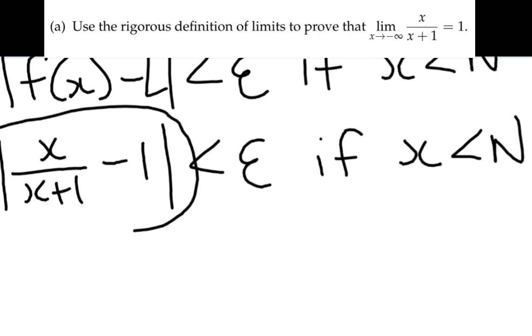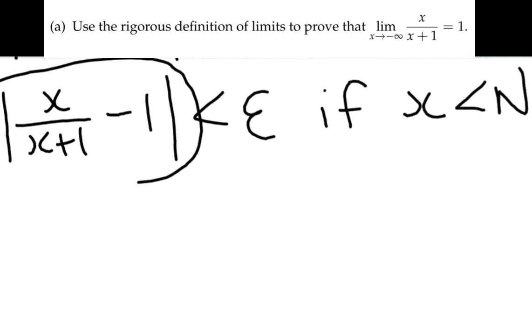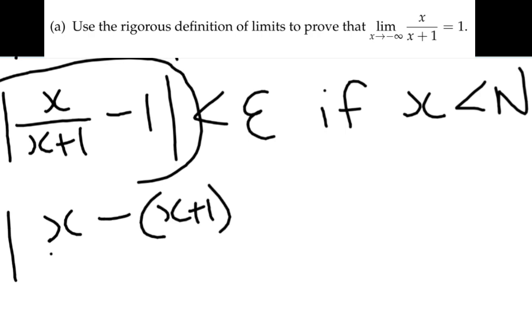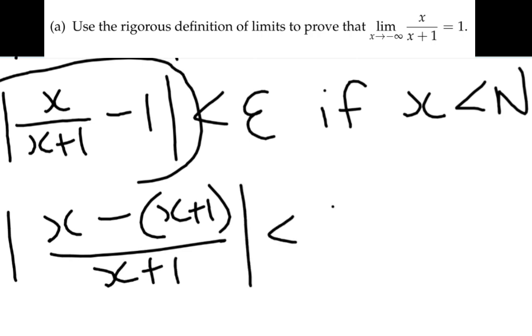Let's see if we can combine this. So what I can do is multiply the negative 1 by x plus 1. So it's going to go x minus x plus 1 over x plus 1, which is going to be less than epsilon if x is less than n.